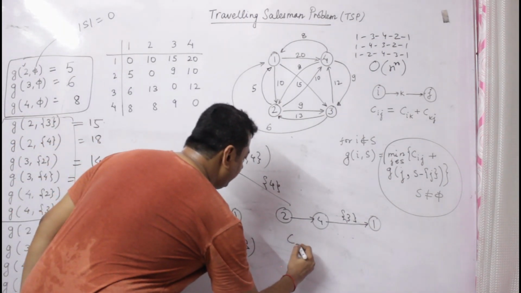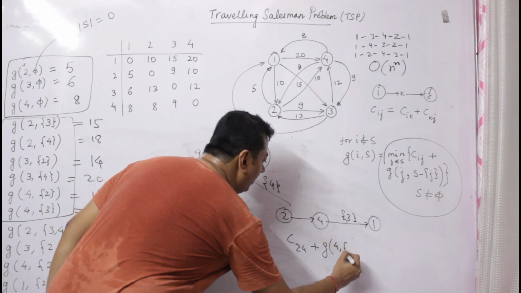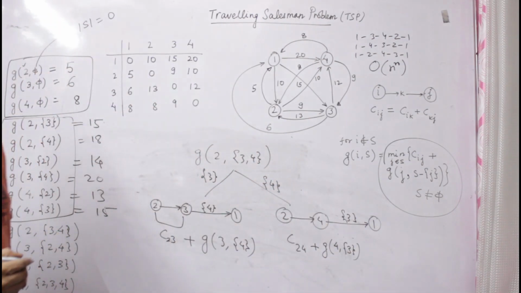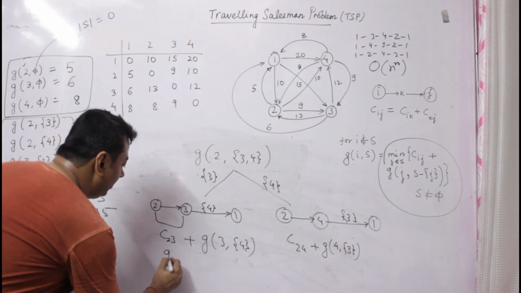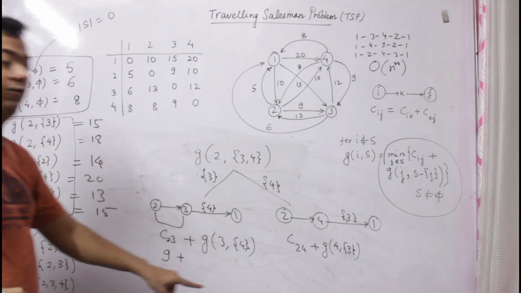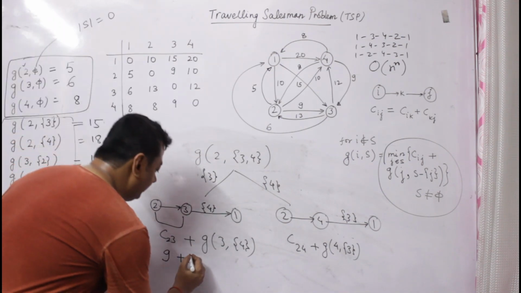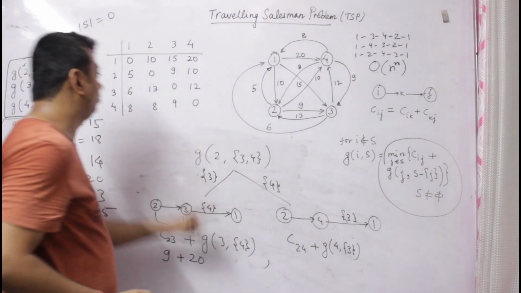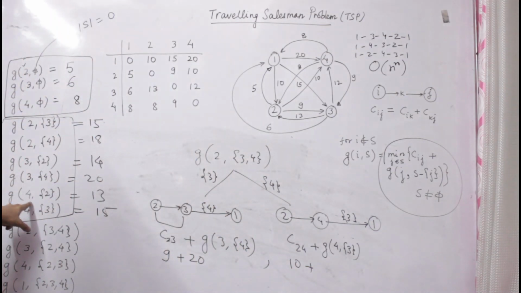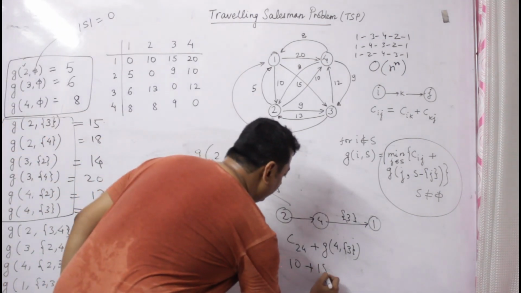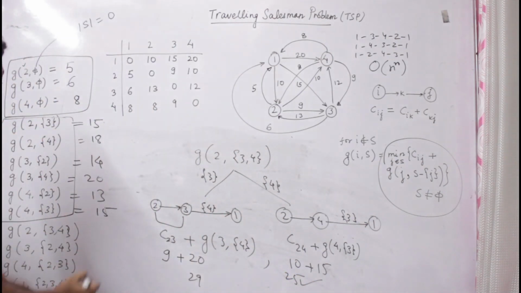This is C24 plus G of (4, {3}). C23 is 9 plus G(3, {4}); looking up the table, G(3, {4}) is 20. In the other case C24 is 10 plus G(4, {3}), which is 15. So this is 29 and the other is 29 and 25 respectively; 25 is the best we can select. So this is 25.